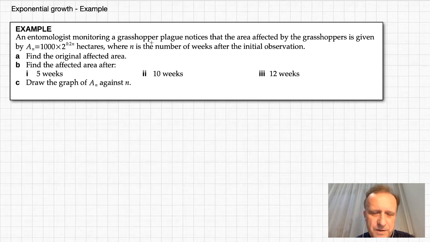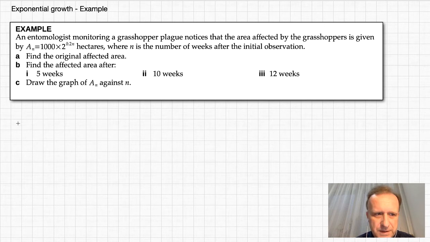So here we have a plague of grasshoppers. They are affecting some area where we want to grow crops or something, and we have to find the original affected area in part A.